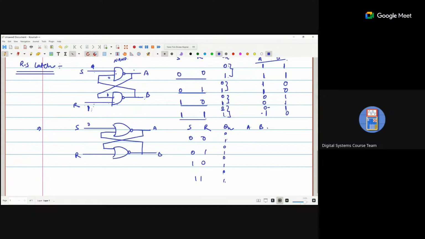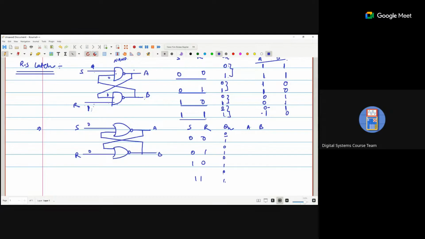So if SR is 0 and 0, both inputs are 0 0, so it is dependent on the QN.